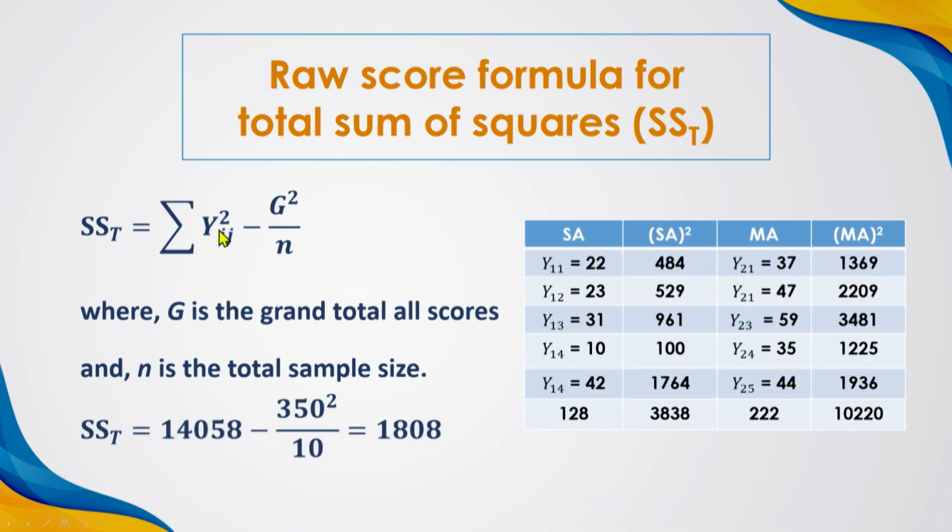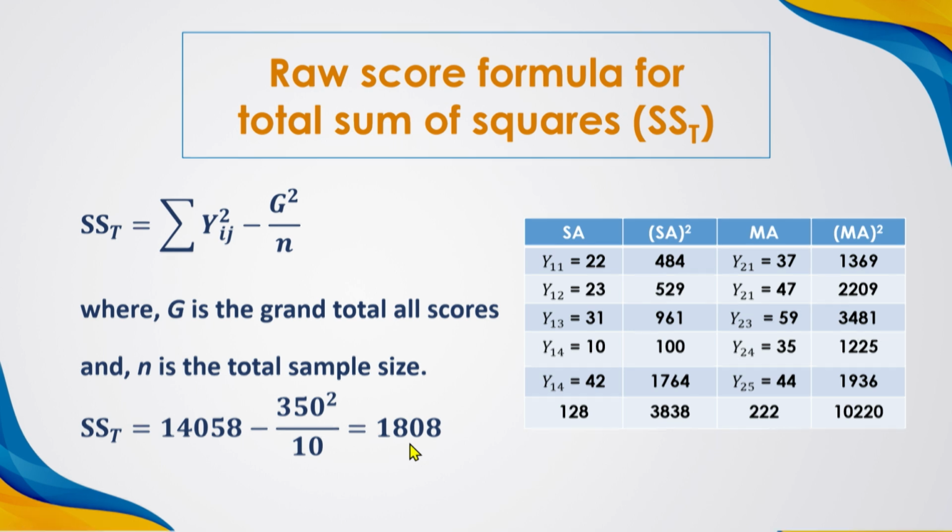The first term is the sum of squares of all the observations, 14058, minus the square of the grand total 350, divided by n. Because we had only two groups, 5 plus 5 gives 10. Altogether we end up with 1808 as total sum of squares.